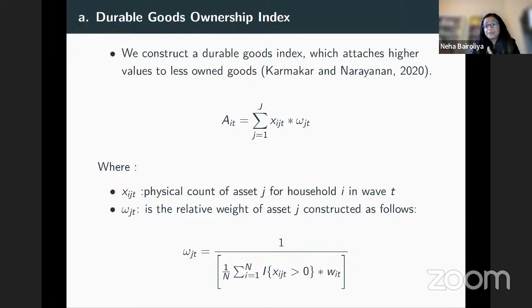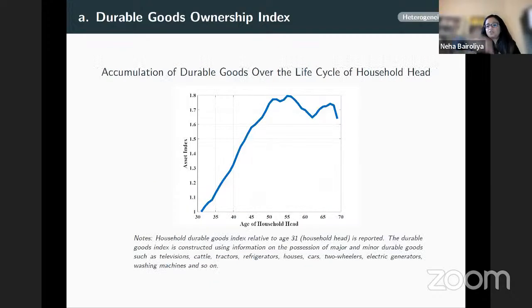Of course, for Indian households, 90% of them own a house. So we find that this is a very intuitive way of weighting, and we compute a weighted index of durable goods ownership, and then redo our non-parametric estimation with respect to age. Again, everything is normalized with respect to age 24, because in this paper we're not interested in levels, but the growth. What do we see? We see an 80% growth in this index over the life cycle, which is pretty substantial.